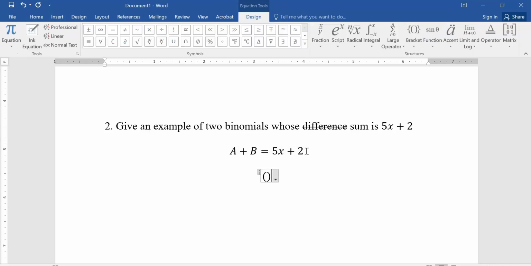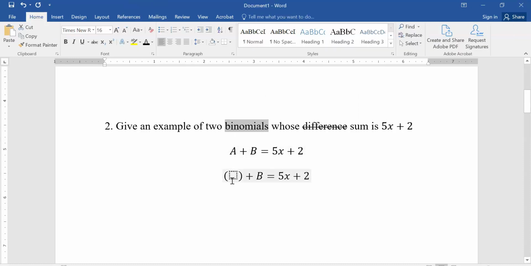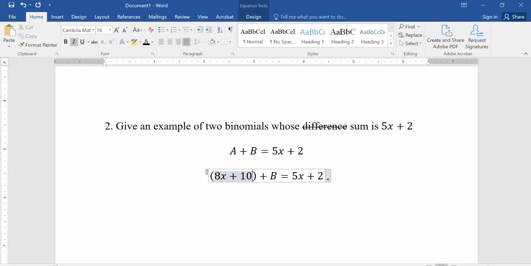Now, once you go ahead and do that, then it's just a matter of let's choose some polynomial for a. By the way, this one has to be a binomial, so it has to have two terms. Let's choose a binomial for a, maybe 8x plus 10. That's fine. If you chose something different, if you chose 3x minus 7, that would have been fine too.